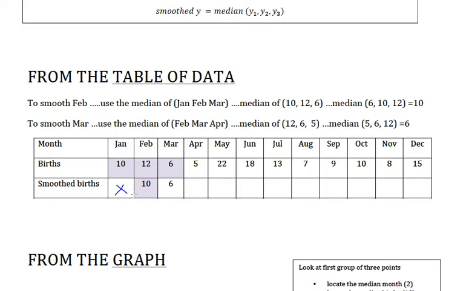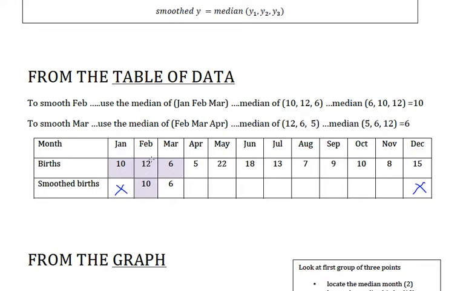So I'm actually not going to find the moving median for January, and I can't do it also for December because I can't get 3 points on this end and I can't get 3 points on that end either. Therefore, the first one that we'll look at is for February, and you'll see that I've highlighted here 3 points.